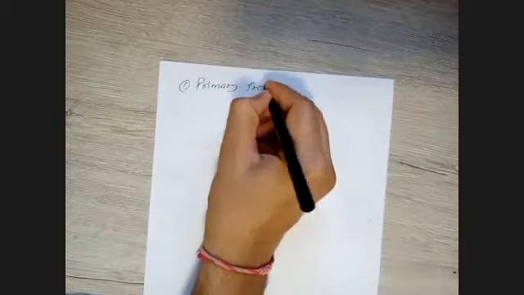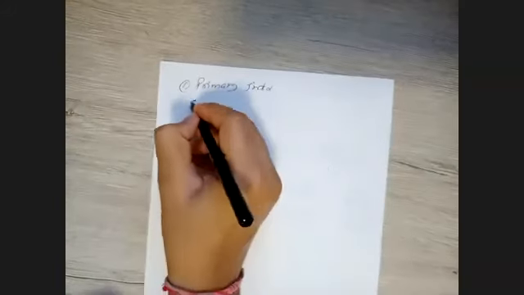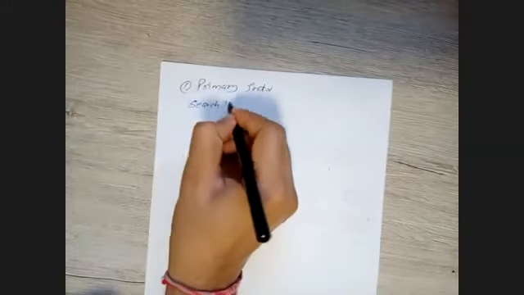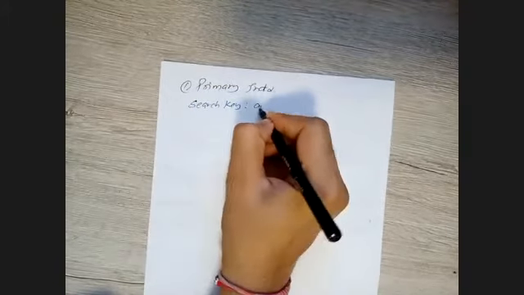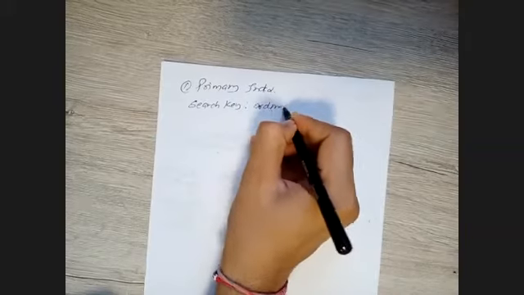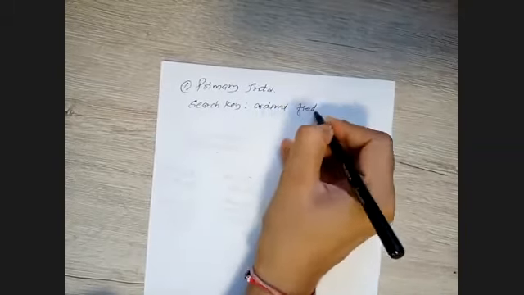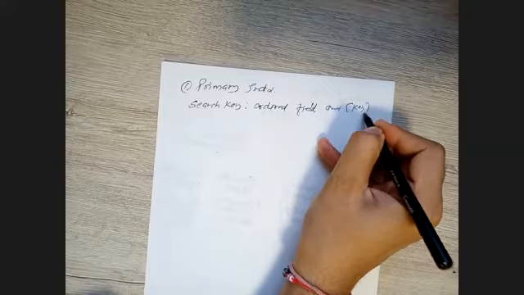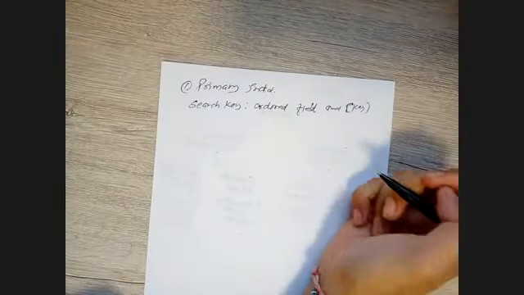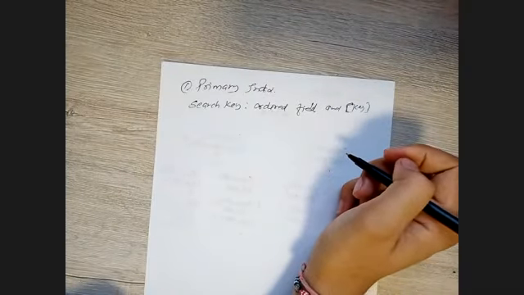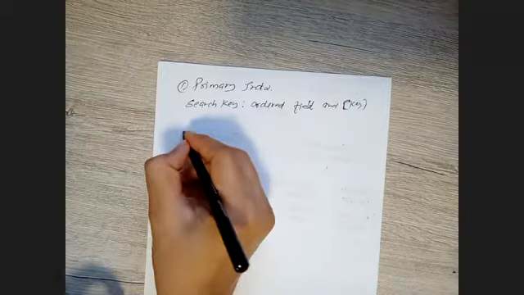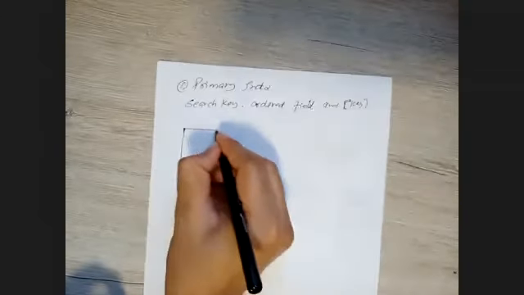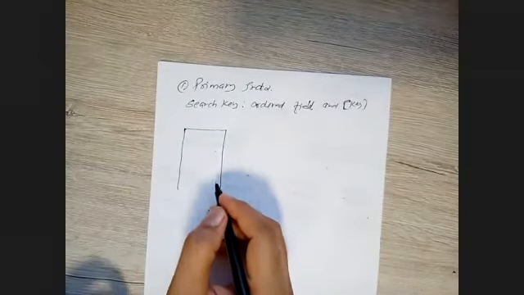Primary index. We define what the search key is: the search key is your ordered field and the key part, that is primary key or alternate key. Understand with the help of an example again, although we have seen this example many times.